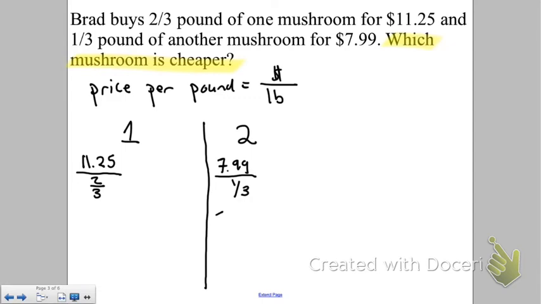I need to turn these decimals into fractions because 2/3 is a repeating decimal. So when I do that, I get 11 and 1/4 over 2/3.